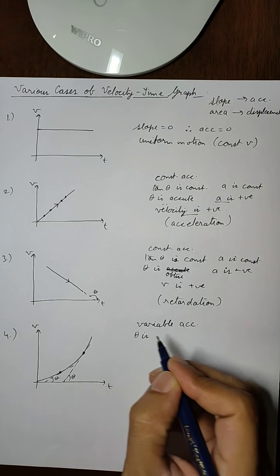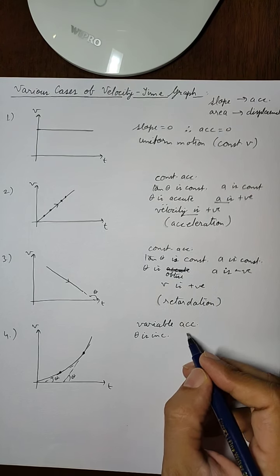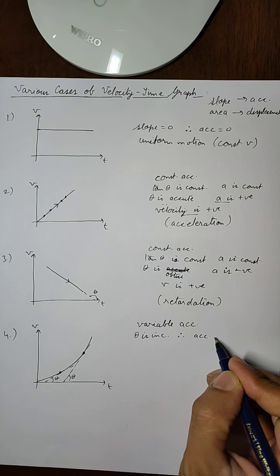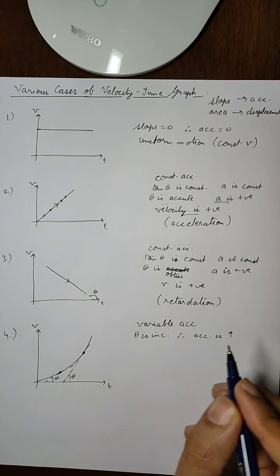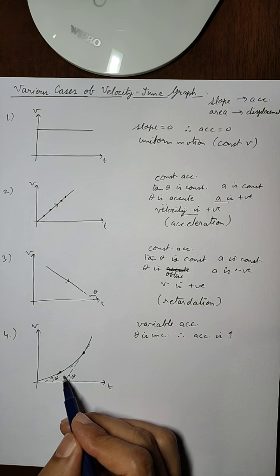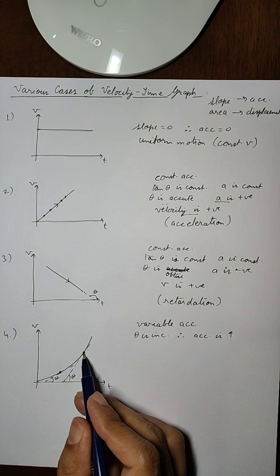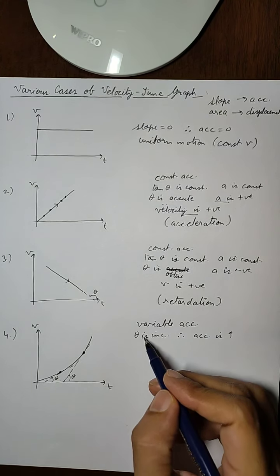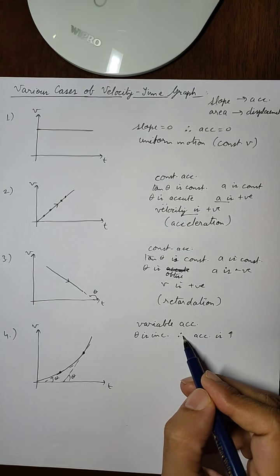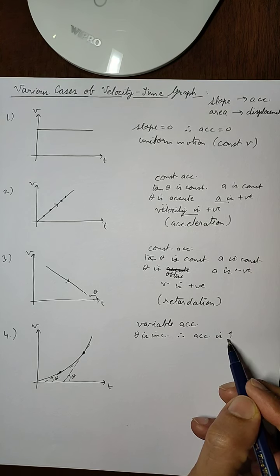So theta is increasing, which means acceleration is increasing. The slope is becoming steeper with every point. The slope at this point is steeper than the slope at this point. So since theta is increasing, the slope is getting steeper, that means acceleration is increasing.